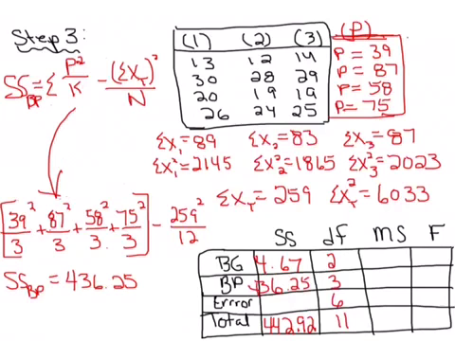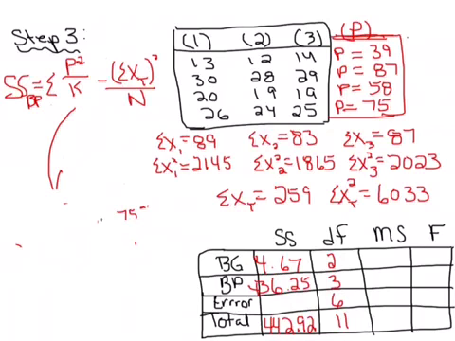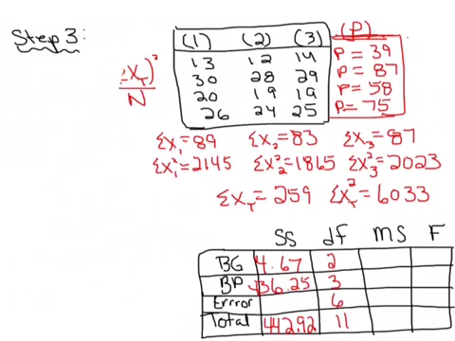Now we can move on to the next step, which is the last as far as the sums of square. And we're going to get our sums of square error. Let me expand this here. Let's erase this. Sums of square error is easy, but you need all of the others to get it.